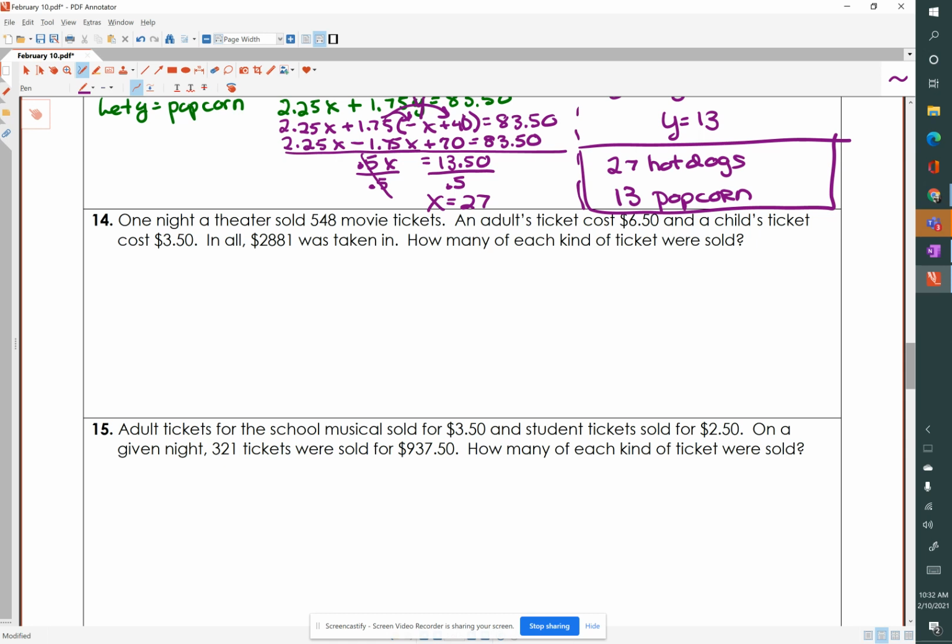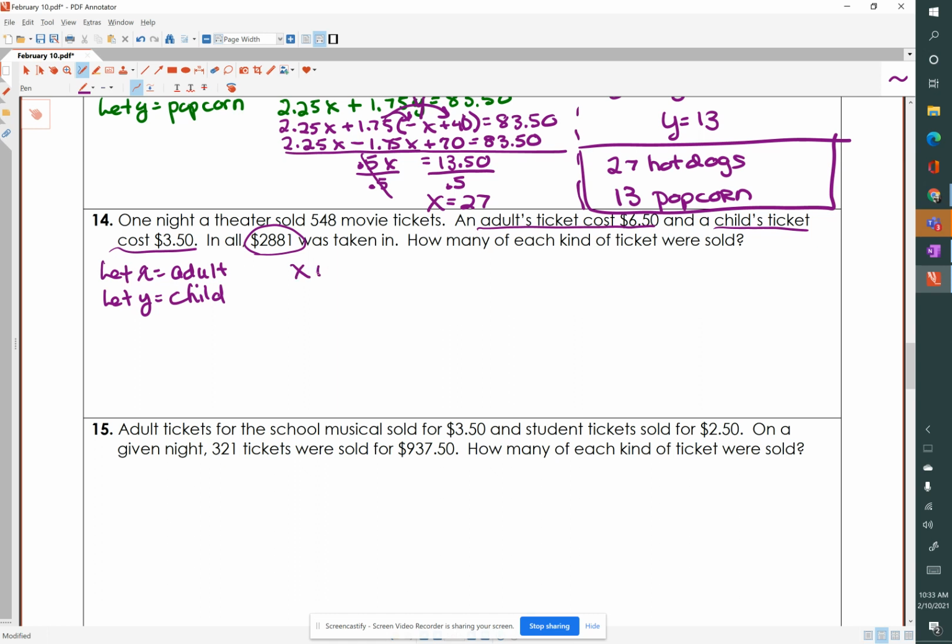One night, a theater sold 548 movie tickets. An adult ticket cost $6.50, and a child ticket cost $3.50. In all, $2,881 was taken in. How many of each ticket were sold? So let x equal the adult tickets. Let y equal the child's ticket.